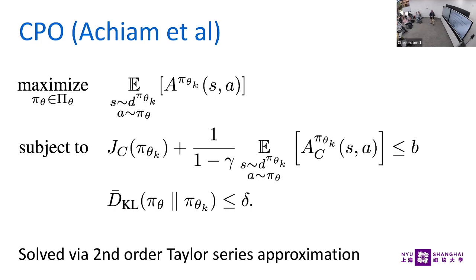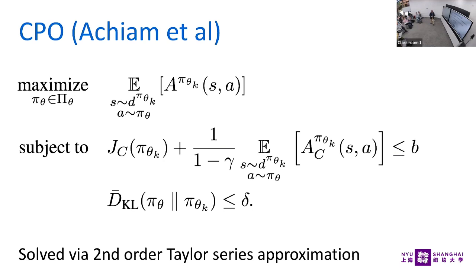The Fisher information matrix has a dimension equal to the number of parameters in your neural network. So as you can imagine, that is extremely difficult to invert. And so they have to use conjugate gradient approximation methods. So anyway, this is their approach. It's a well-known approach. It's kind of messy. It has lots of approximations in it.